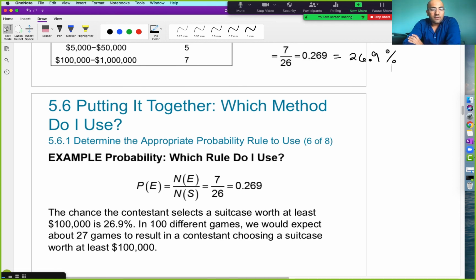Right? The chances the contestant selects a suitcase worth at least 100,000 is 26.9%. That means that if we watch 100 different episodes of this game, we would expect about 27 of those episodes to be cases where the contestant chose a suitcase that was worth at least 100,000.